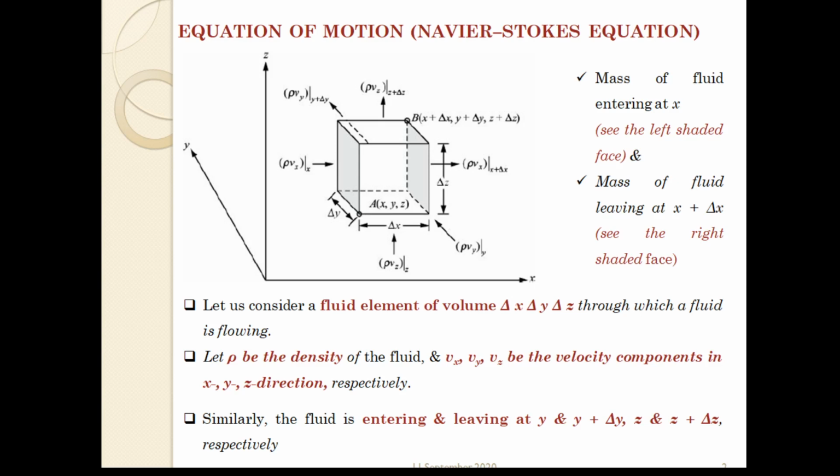So we have two different kinds of momentum transport due to fluid flow. One is convective transport of momentum, which is due to the velocity, and the second is conductive transport of momentum, which is due to the velocity gradient.